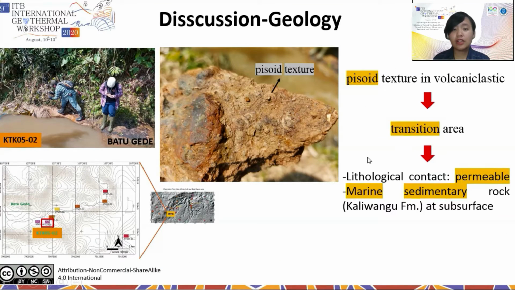The appearance of volcanic clastic is also supported by the presence of piszoid texture. This shows that the research area is in the transition environment where volcanic rock meets the sedimentary product. This becomes a contact that can be a permeable zone. The presence of this rock also indicates that at greater depth, the host rock of the reservoir might be controlled by marine sedimentary rock, which is the Kaliwangu Formation.